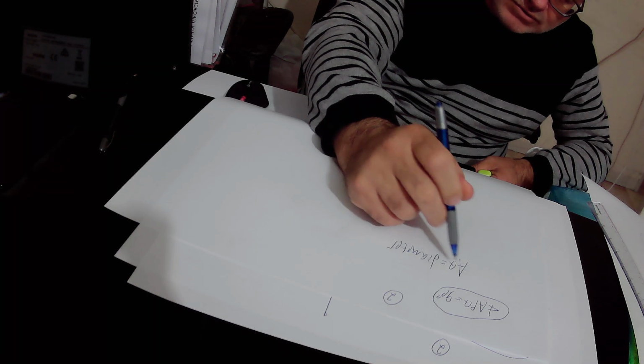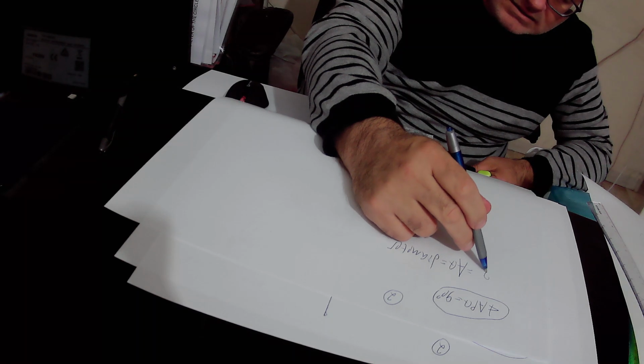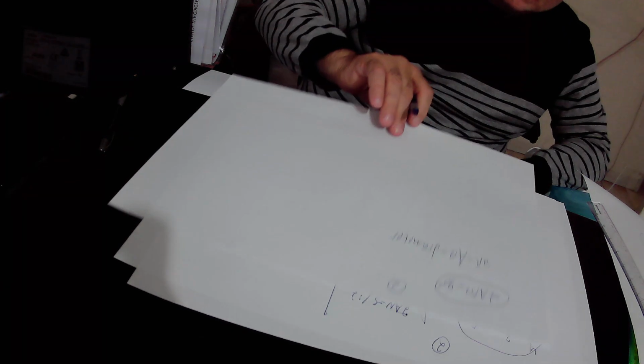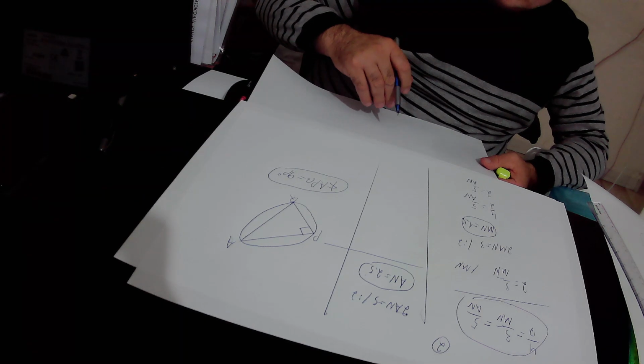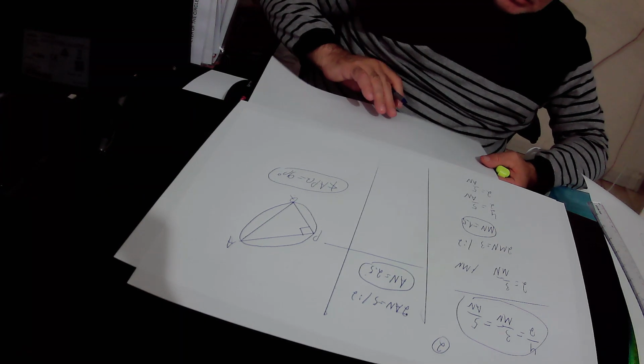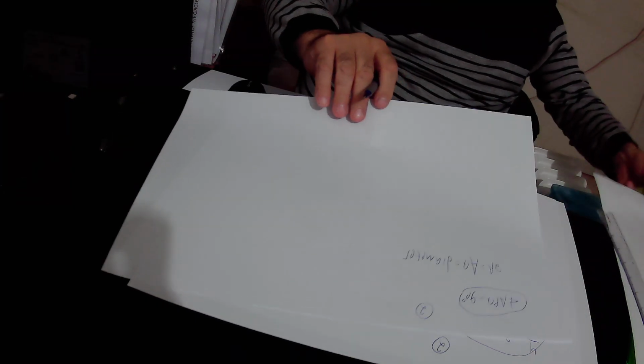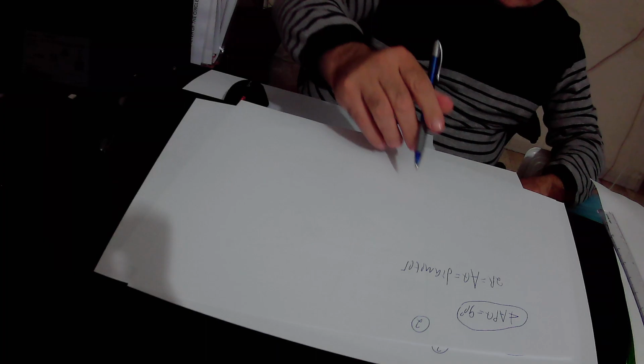That is to say, chord AQ equals 2r, and r is the radius of the circle. But it is given in the question that chord AQ equals 5 units.